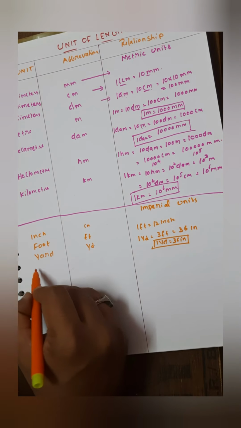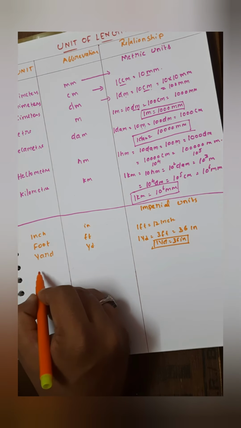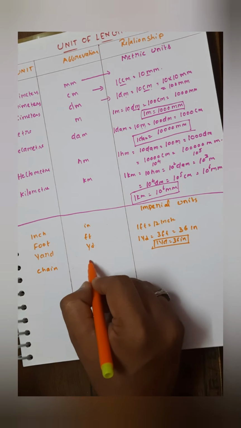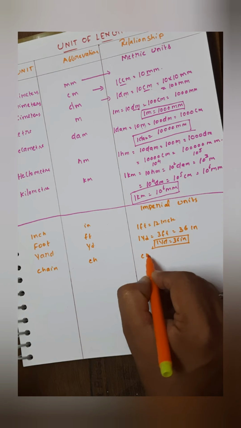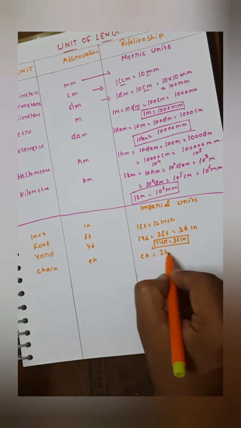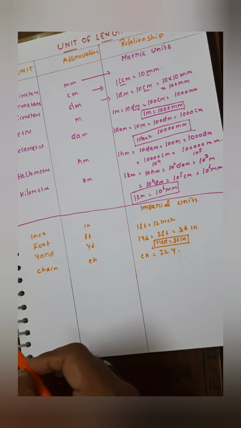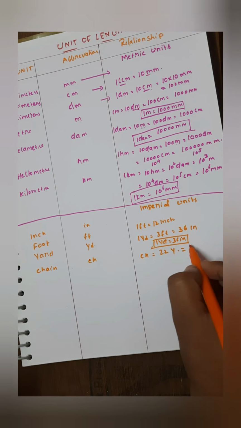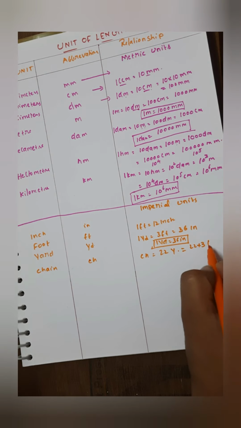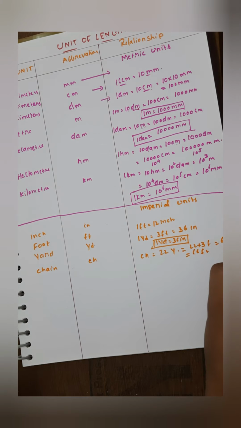After yard, the next biggest is chain. One chain is equal to 22 yards. 22 yards means 22 multiplied by 3 feet, that means 66 feet, and 66 multiplied by 12 inches you can calculate.